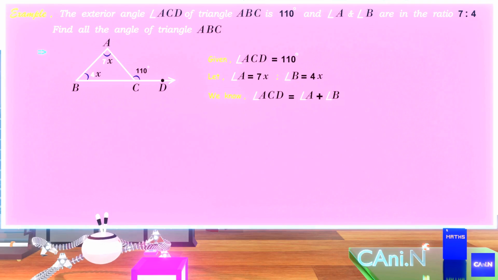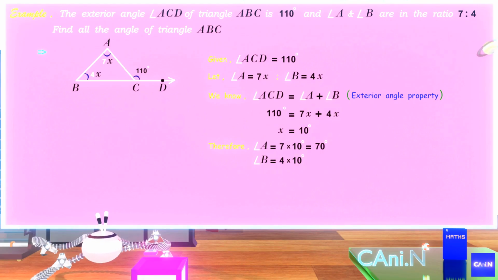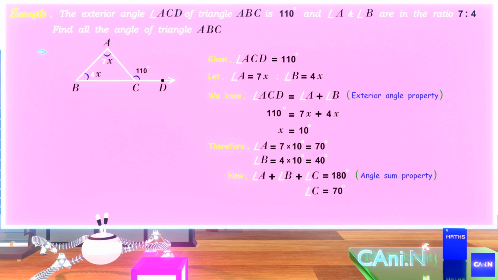We know angle ACD equals angle A plus angle B, reason is exterior angle property. 110 degrees equals 7x plus 4x. So, x equals 10 degrees. Therefore, angle A equals 70 degrees. Angle B equals 40 degrees. Now, angle A plus angle B plus angle C equals 180 degrees, reason is angle sum property. So, angle C equals 70 degrees.